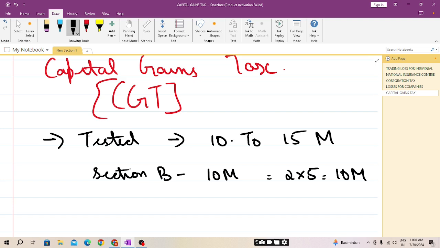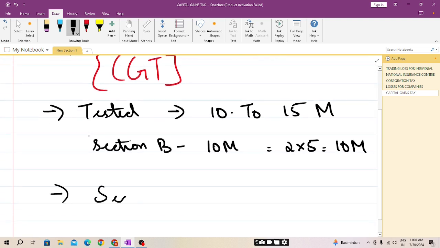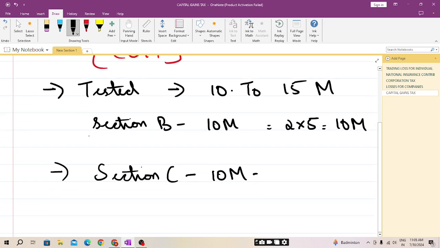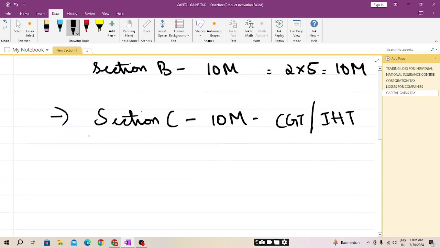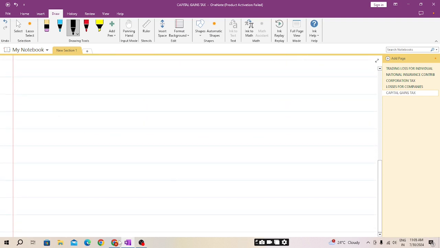It can also be tested in Section C, where we have the 10 marks question, which can combine both CGT and IHT. So I hope this is clear. The capital gains tax is the most important area of the whole tax syllabus, because a sure question of 10 marks will be tested in Section B, students. So in our today's session, we will be covering the capital gains tax.